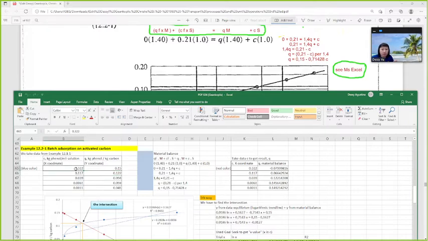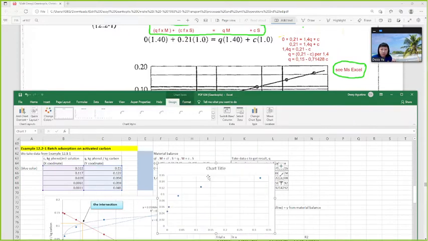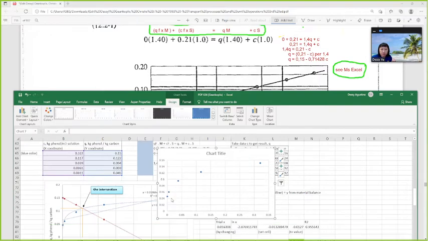This is C, in kilogram phenol per meter cubic solution, for the x coordinate, and this is Q, labeled as the y coordinate. We block the two areas, click insert, click this chart, and you get these points.